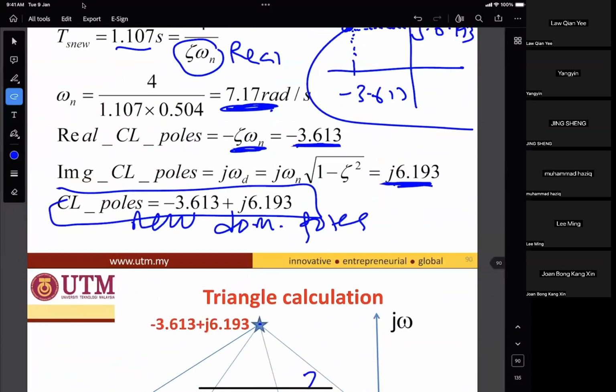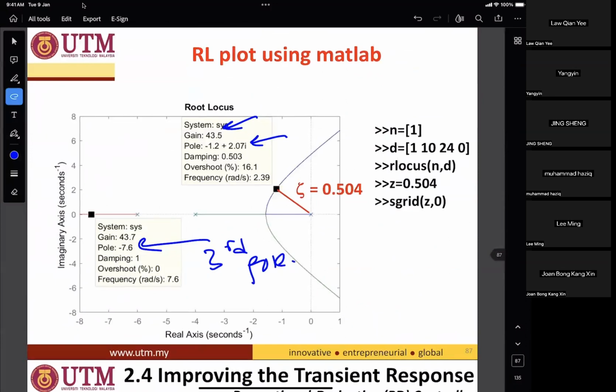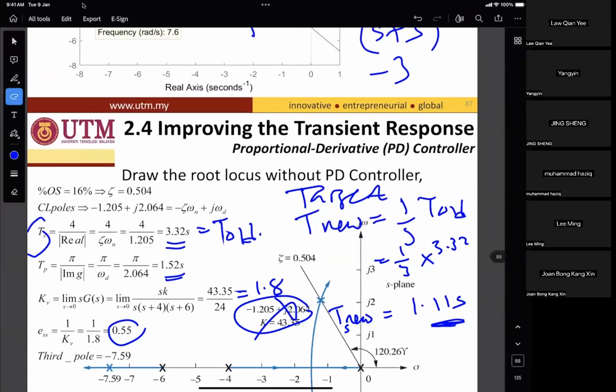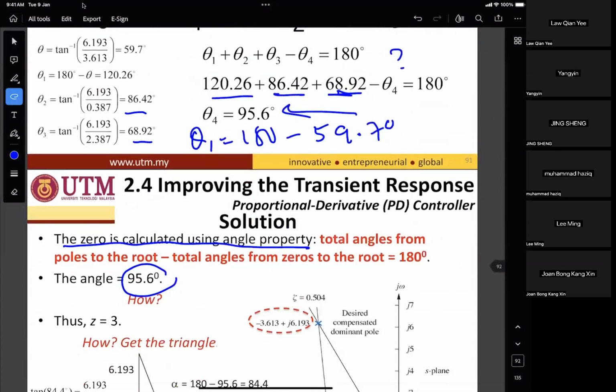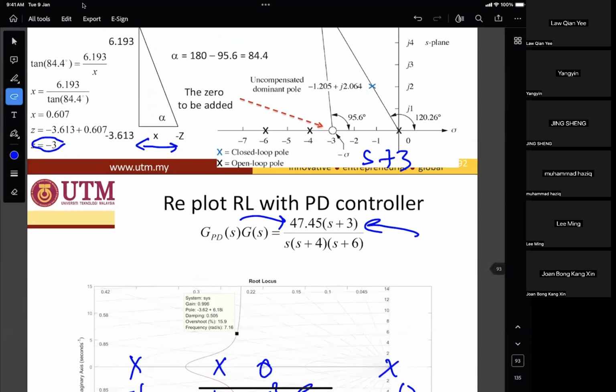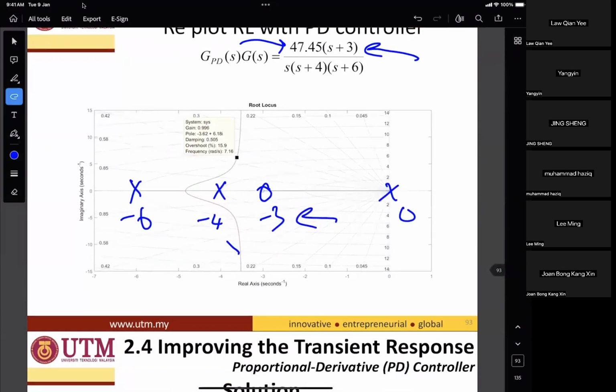Previously, the shape is like this, without the zero, without s plus 3. After we added the -3 zero, the shape of the roller coaster has been changed, as shown here.